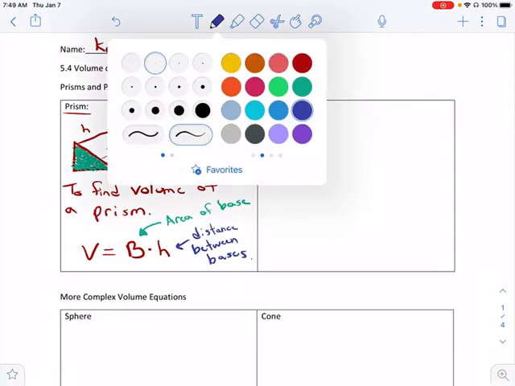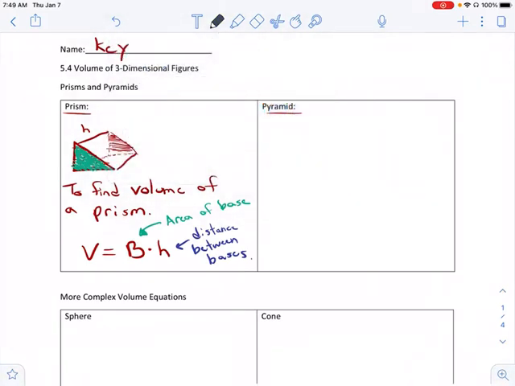This also applies to cylinders, and it shouldn't take too much to convince you. A cylinder is a prism by the definition we've outlined, because it has two bases that are opposite one another and parallel.